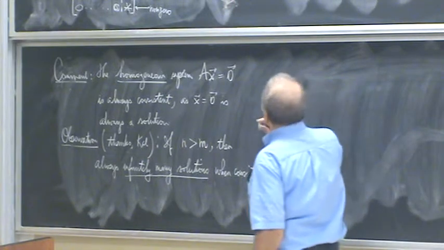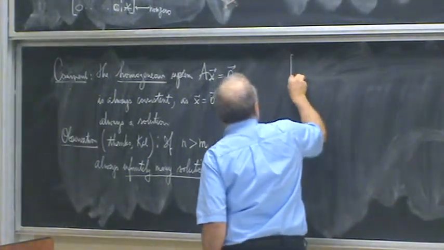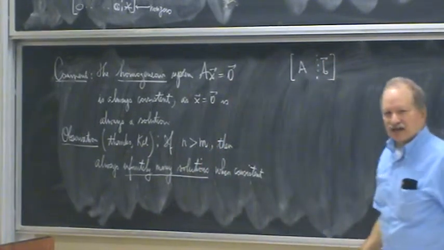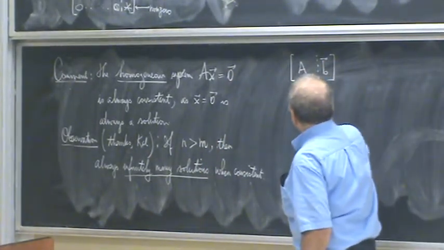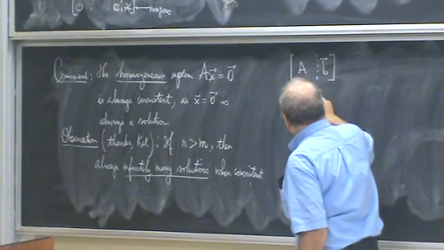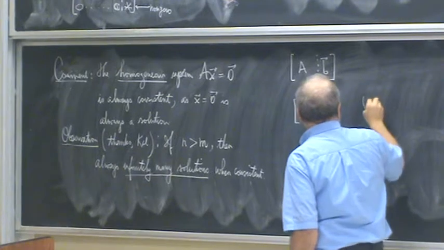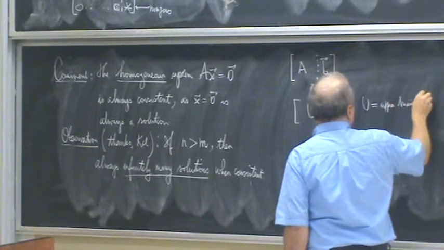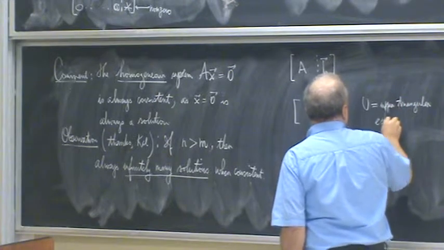So now let's go back to what we were talking about a minute ago. If you started with an inhomogeneous system, AX equals B, and you reduce down to an echelon matrix, I'll call it U when it's echelon. U stands for upper triangular, which you'll see soon. So this is echelon form.